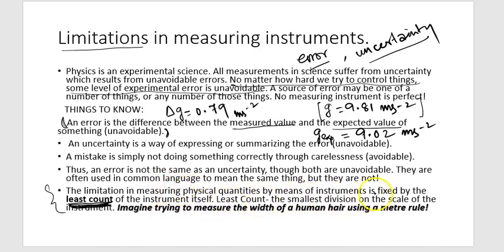So least count, the smallest division on the scale of the instrument, gives me uncertainty. Now, of course, as you can see, this limitation in measurement might have played a role in the experimental value of g becoming 9.02 rather than 9.81.